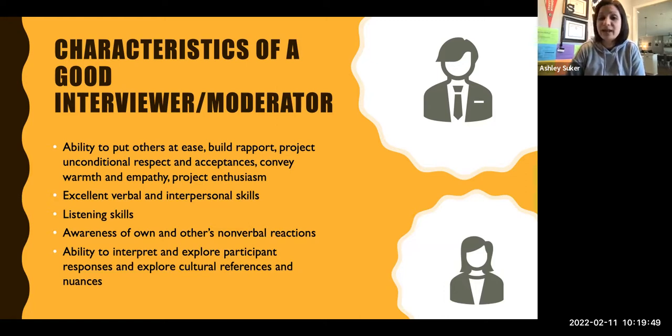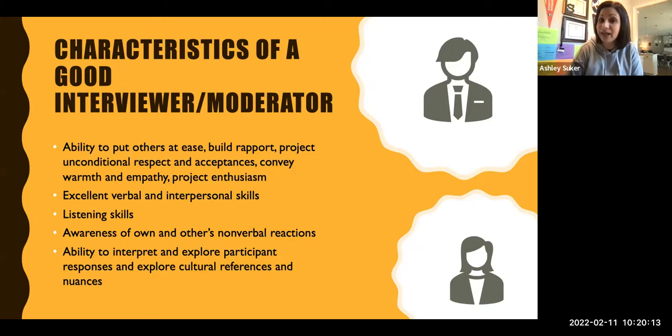They should also have excellent verbal and interpersonal skills. You want a nice person to be a moderator. You don't want someone mean, because the participants will shut down. You want them to be able to listen and to actively listen and appear that they are listening. They need to be aware of their own and others' nonverbal reactions. Their reaction could bias the study, and so they need to be able to control their face.